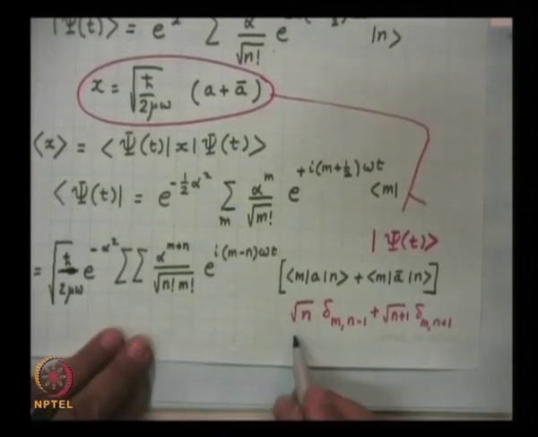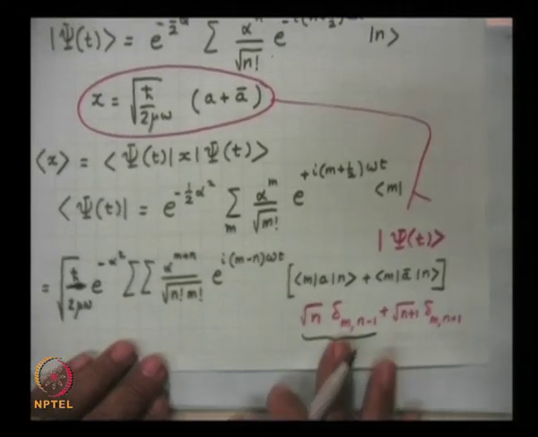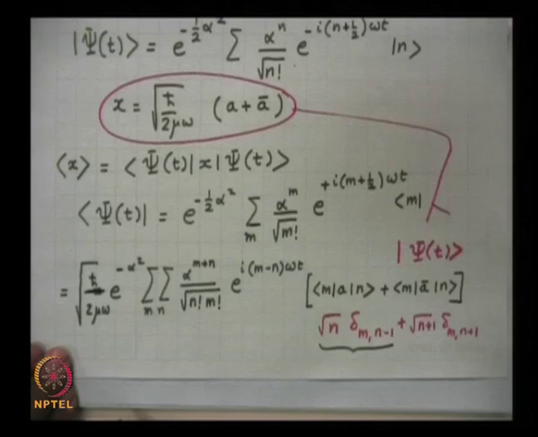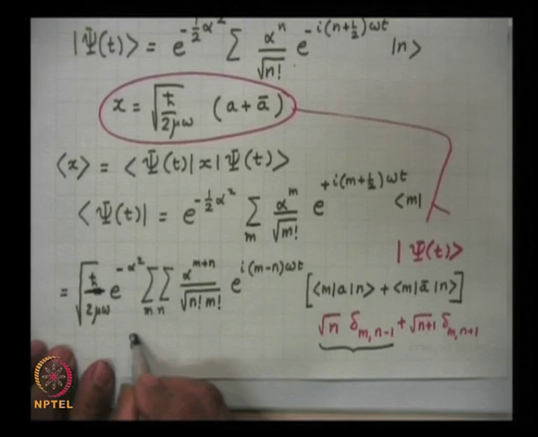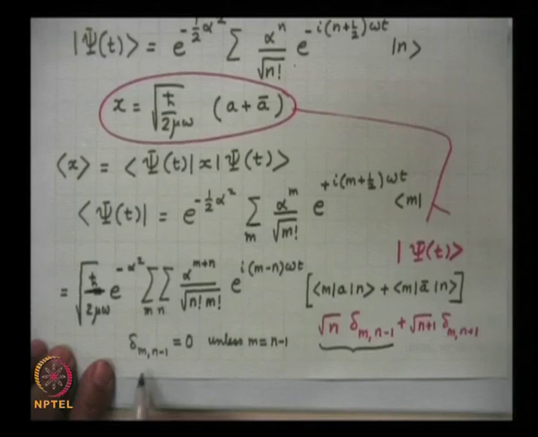Now, please see, if I just consider the first term in this sum over m and n, I sum over m, and only the m equal to n minus 1 will survive, because delta m comma n minus 1 is 0 unless m is equal to n minus 1; in fact, this is equal to 1 when m is equal to n minus 1.